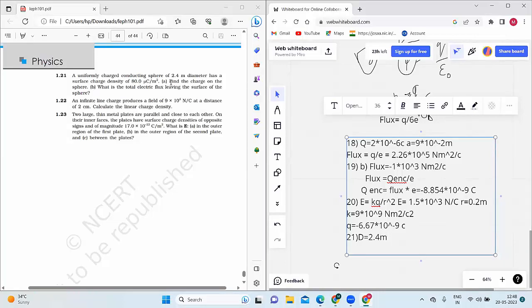The surface charge density sigma equal to 80 into 10 power minus 6 coulomb per meter square.